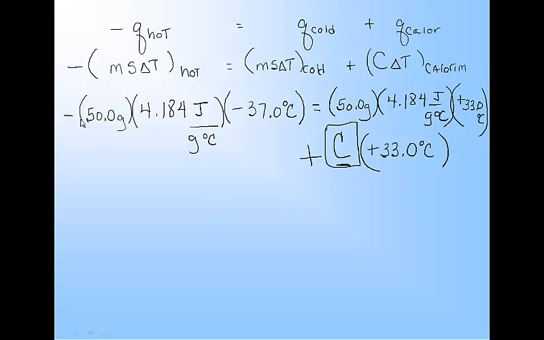All right, algebra. I get 50 times 4.184 times a negative 37.0, times a negative. That gets me a positive value. Grams cancel. Degrees Celsius cancels in joules. 50 times 4.184 times 33.